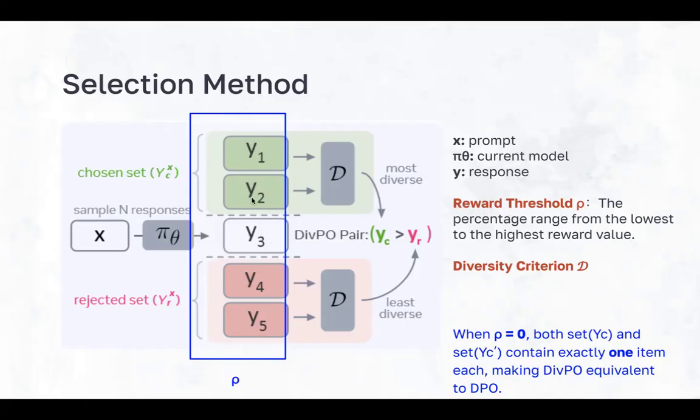We have 5 answers, and if we set rho to, I can say, 0.4, which means that we should choose or reject 2 out of 5 of the answers. So we have two chosen answers and two rejected answers.